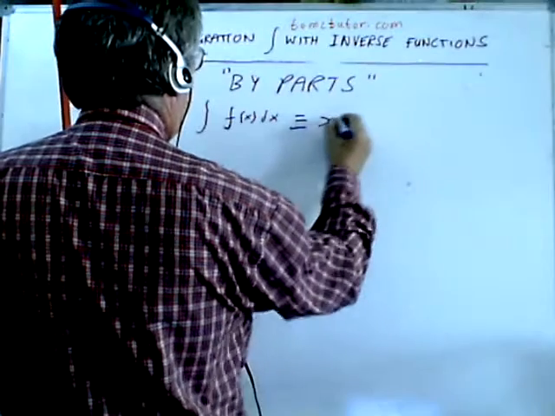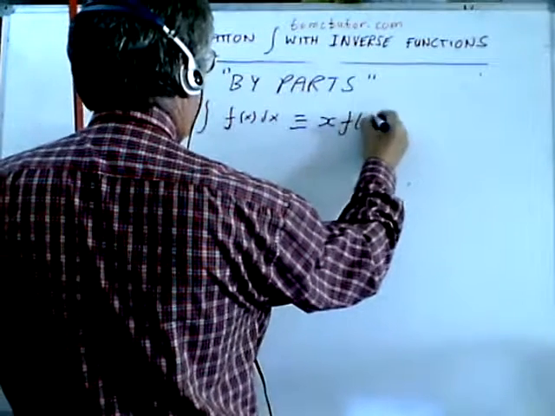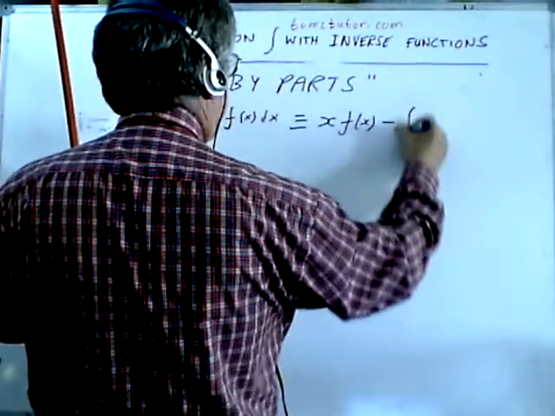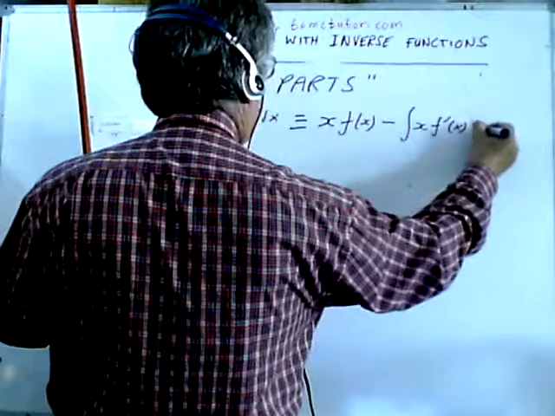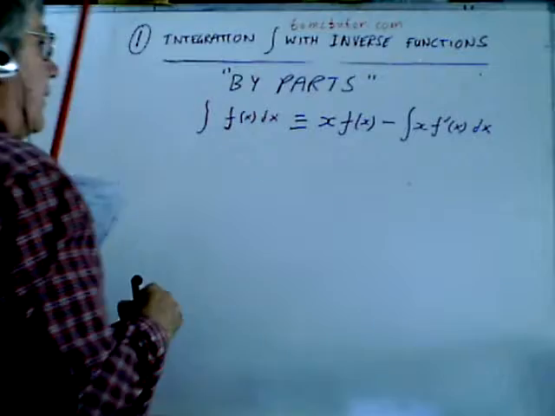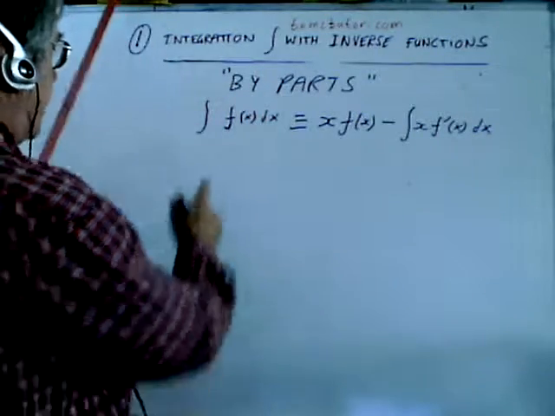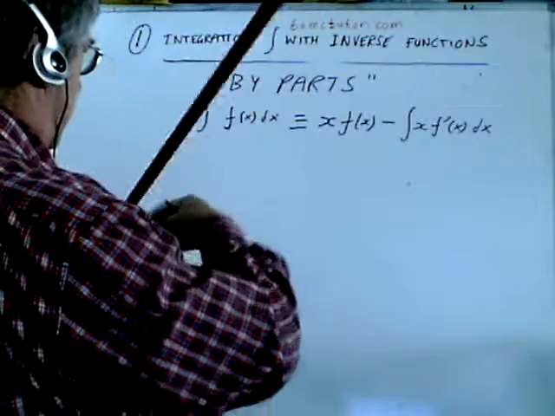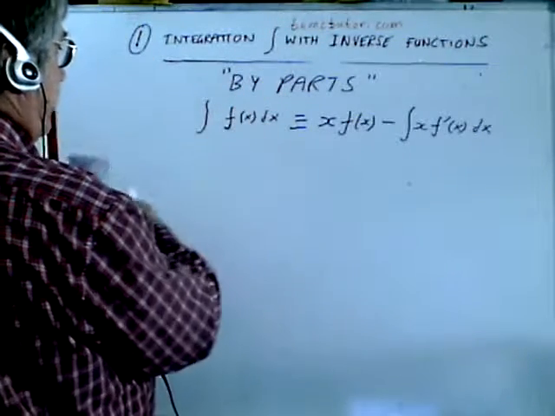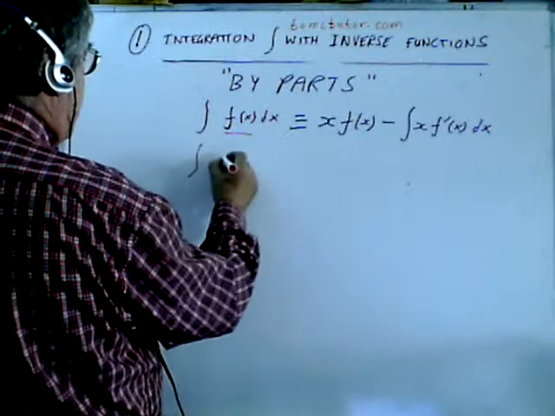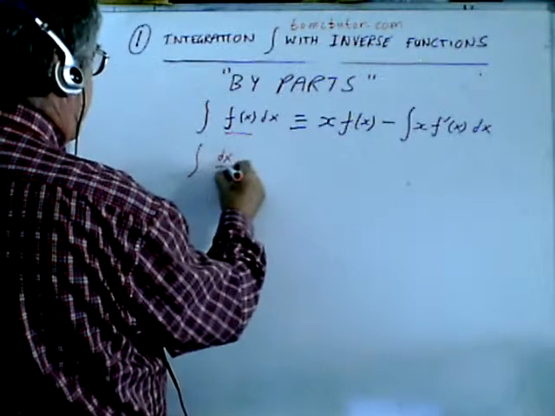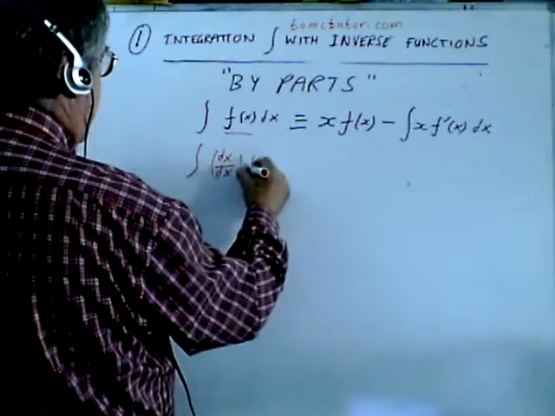That is x f of x, minus the integral of x f dash of x dx. What I've done is I've looked at this general function, whatever it is, and I've realised I can put d of x in front of it.